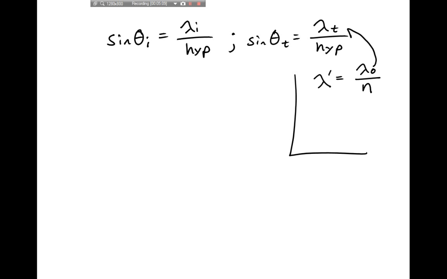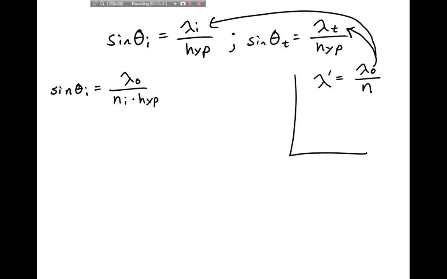So now if I plug that formula into these two expressions here, I'm going to have sine of my incident angle is going to be equal to the wavelength of light in air divided by the index of refraction for the initial material times the hypotenuse. Similarly, over here we have sine of my transmitted angle is equal to the wavelength of light in air divided by the index of refraction of the transmitted material times this hypotenuse.